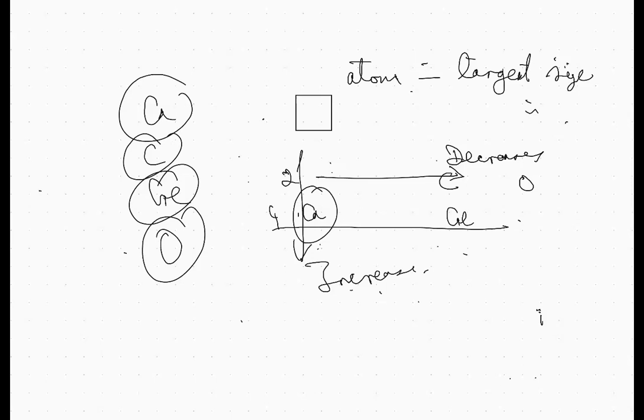When you go down a group, the size or the volume increases. When you go across, it decreases because the higher number of protons exert the force on the same shell, so it shrinks. Okay.